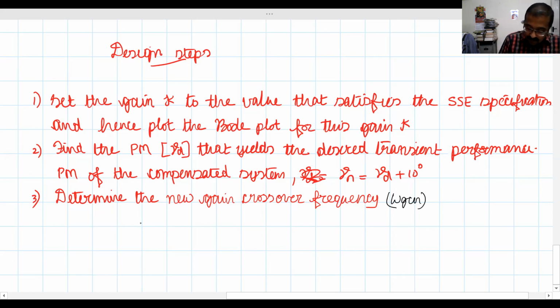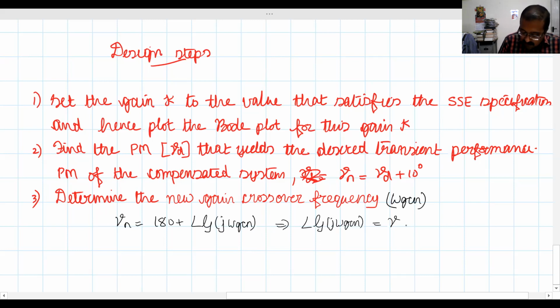So from here you can write gamma N equals 180 plus angle G(j omega GCN), which means angle G(j omega GCN) must be equal to gamma N minus 180, from which omega GCN can be calculated. Are you following what I'm saying? We will take up a numerical example, then it will be clear.